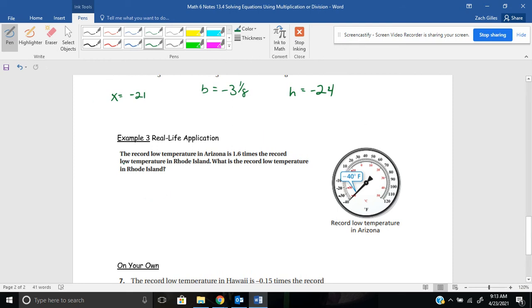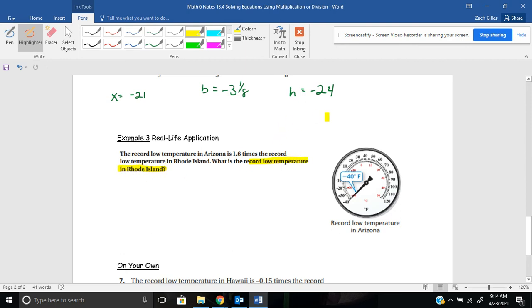It says the record low temp in Arizona is 1.6 times the record low temp in Rhode Island. What is the record low temperature in Rhode Island? Okay, so what we're looking for is the record low temperature in Rhode Island.